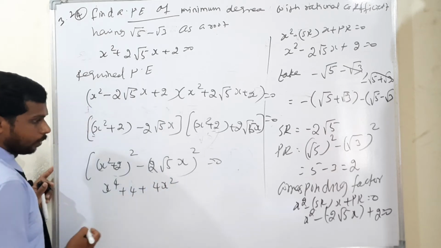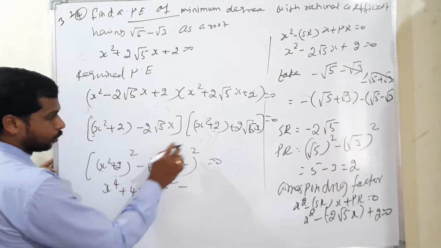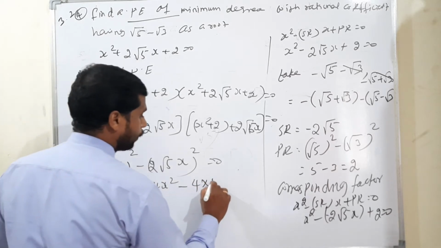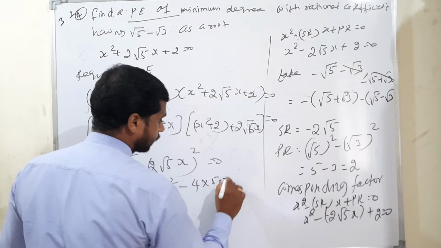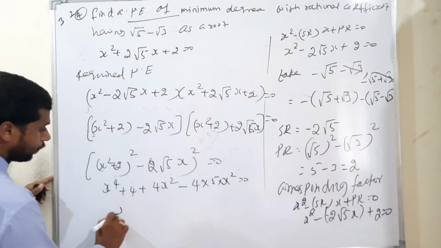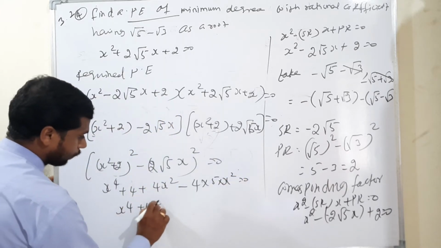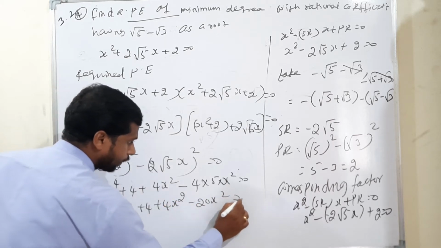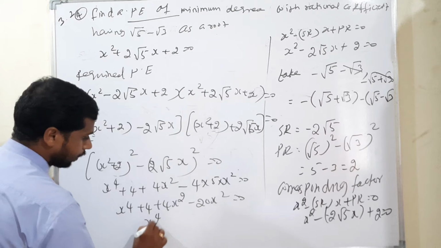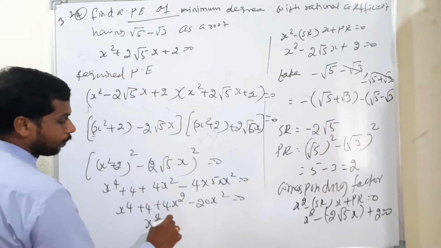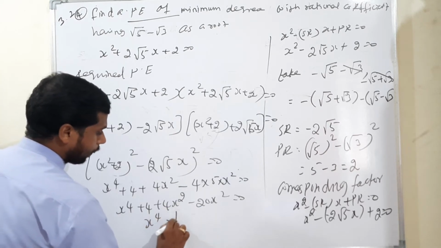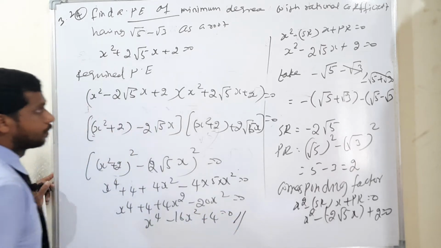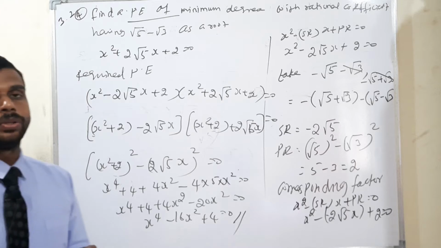Now for the next one, 2 squared is 4, and root 5 squared is 5, so 4 into 5 into x square is 20x square. Therefore x power 4 plus 4 plus 4x square minus 20x square is equal to 0. The final answer: x power 4 minus 16x square plus 4 is equal to 0. This is the answer for exercise 3.2 question number 4.